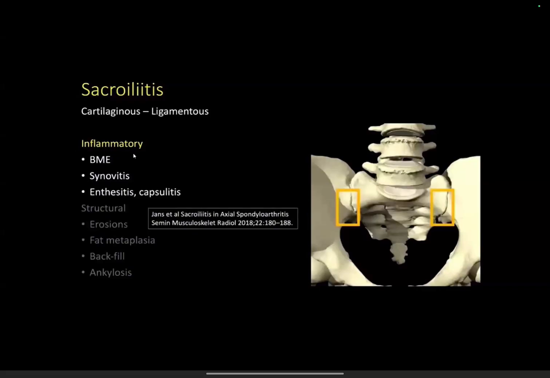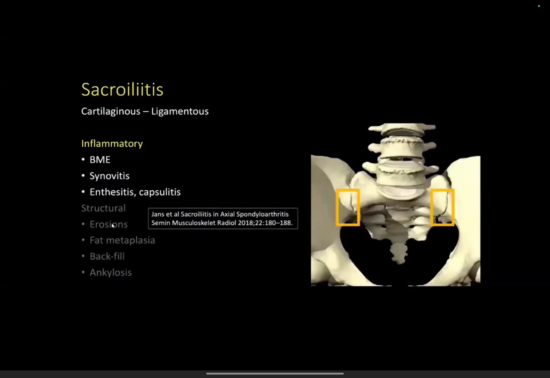Now coming on to lesions that we encounter in positive cases of sacroiliitis. The lesions can be divided into inflammatory lesions or structural lesions. Inflammatory lesions include bone marrow edema, synovitis, enthesitis or capsulitis.